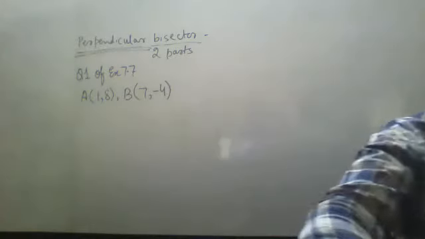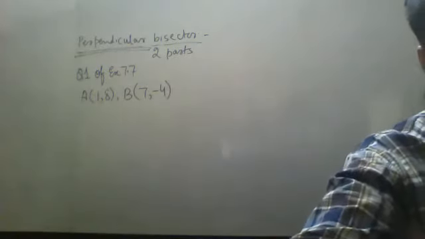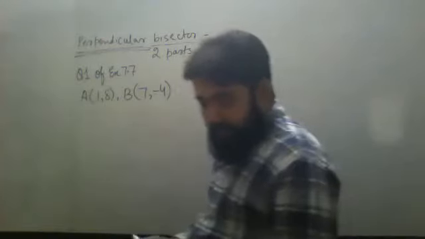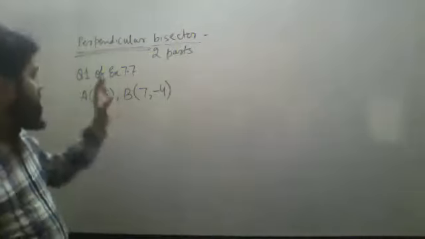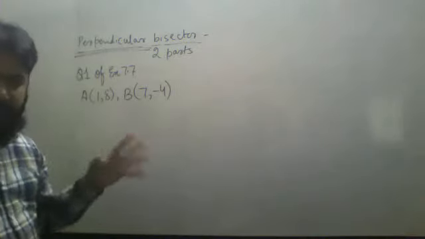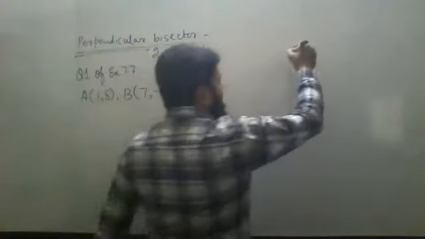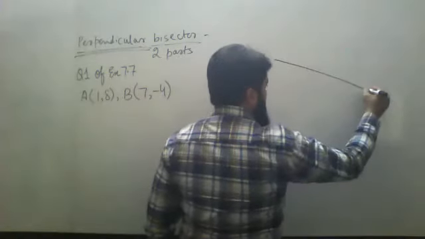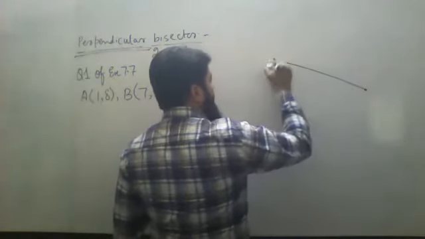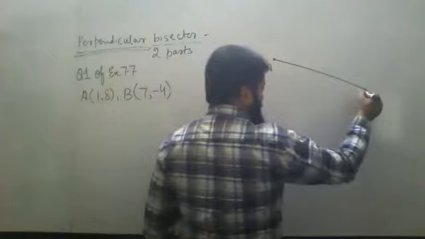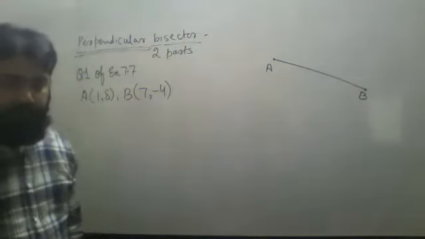They are telling us that I have to find the equation of the perpendicular bisector. Now what are they saying? A line is joined by these 2 points. So I'm just drawing a rough sketch over here: A coordinates, B coordinates.